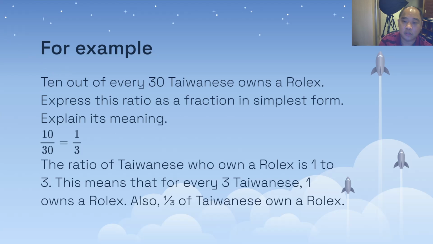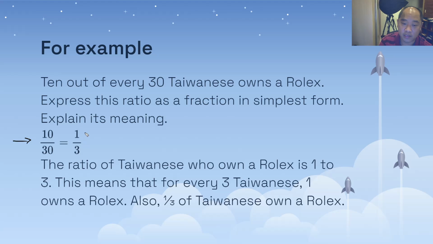Here's just another situation. Let's say that 10 out of every 30 Taiwanese people own a Rolex. Express this ratio as a fraction in simplest form. Explain its meaning. So here we have 10 people that own a Rolex out of every 30 Taiwanese.